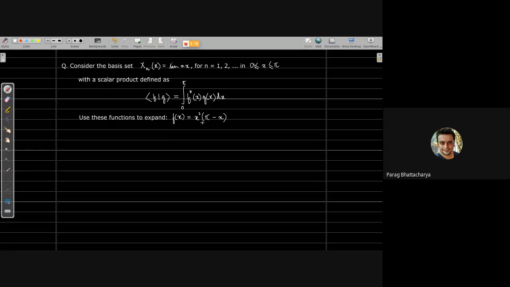This is a cubic function. First we check the orthogonality of the basis. Let's proceed then with the solution.